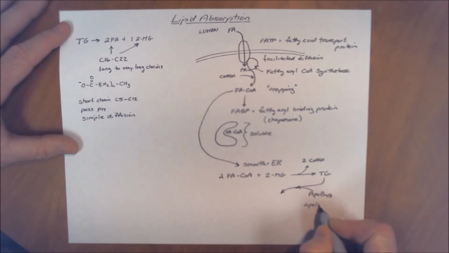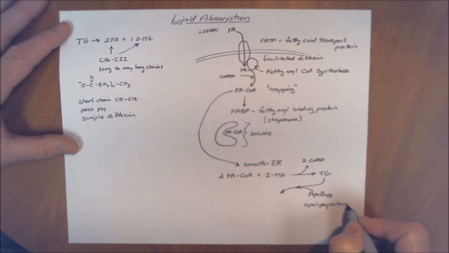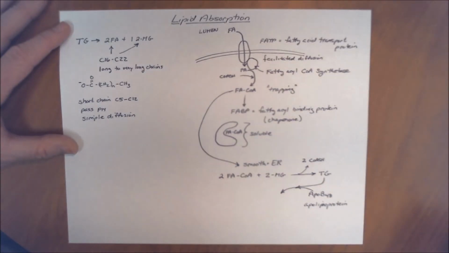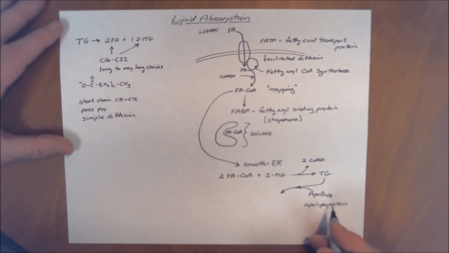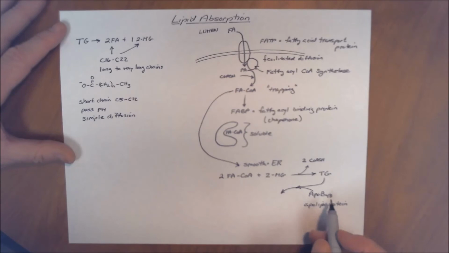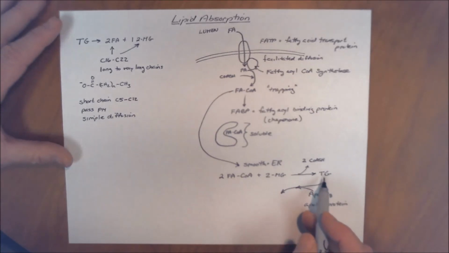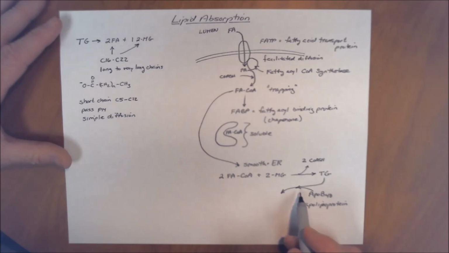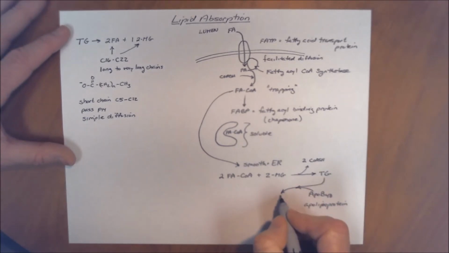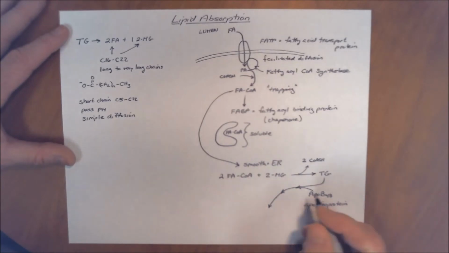Apo stands for apolipoprotein. The ApoB48 protein serves as a skeleton, as a scaffold, and it has lots of hydrophilic and hydrophobic domains to it so that it can associate with the triglyceride and then form a larger lipoprotein structure.